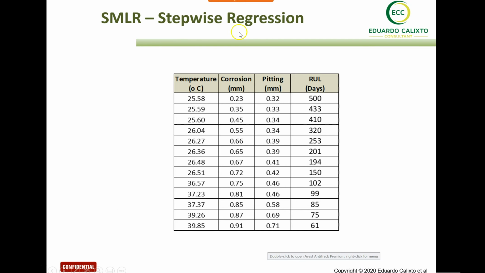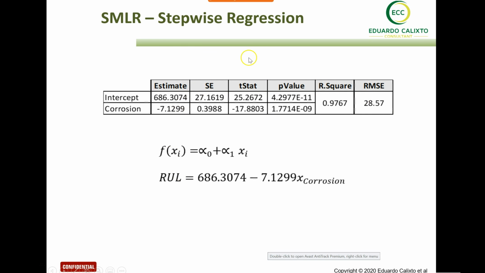Okay, so here I have an example where we want to predict remaining useful life, and the predictors are temperature, corrosion in millimeters, and pits in millimeters. So in the end, when applying this algorithm in MATLAB, the solution that the software gives me is that corrosion is the most important variable.